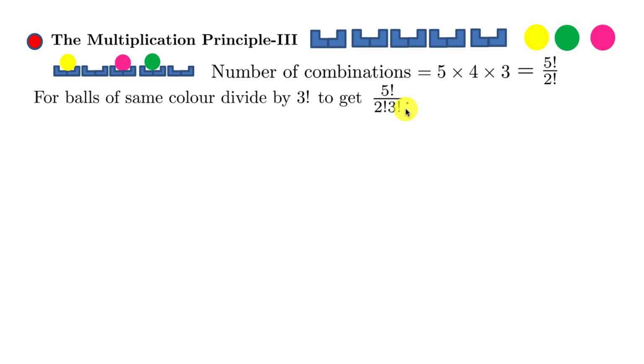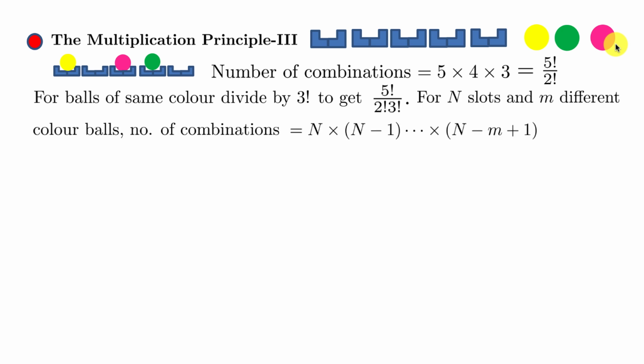And now imagine that we have n such slots and m such differently colored balls. Well, then, in that case, the number of combinations will be n into n minus 1 into n minus 2, and then we will stop when all those balls are used up.